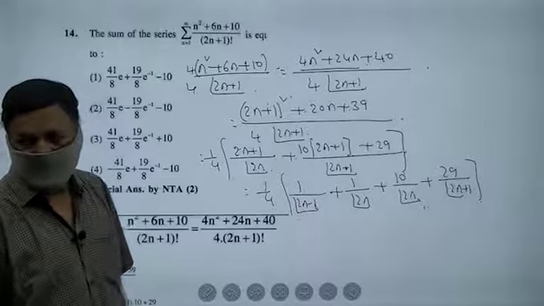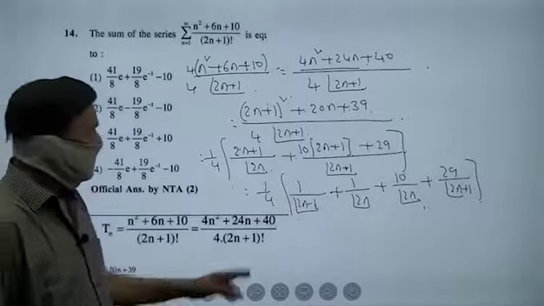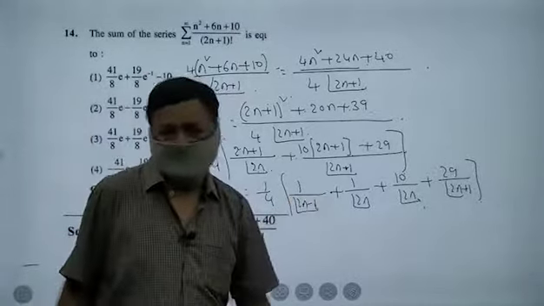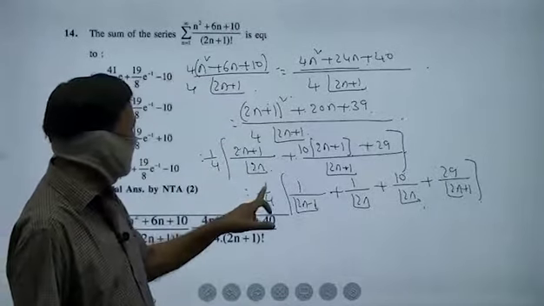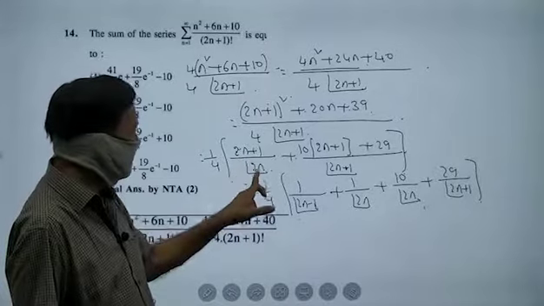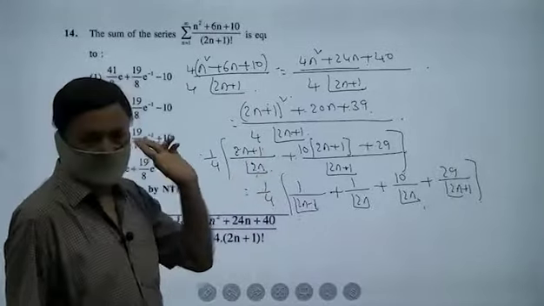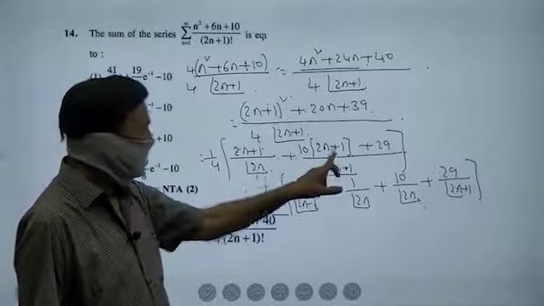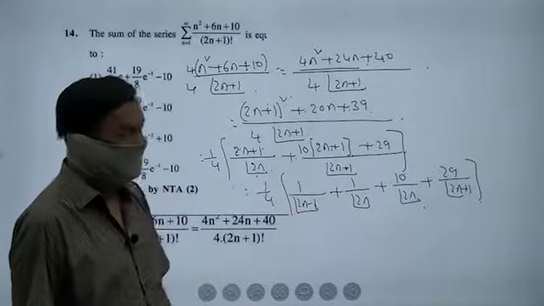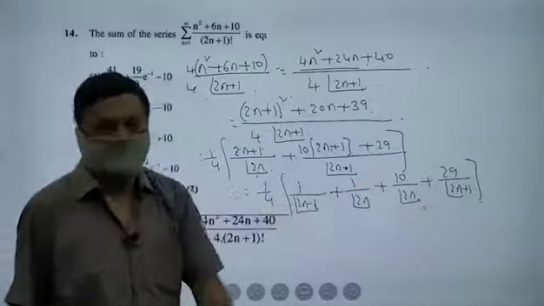Yes, so I have seen that there is no presence of n. This by this 2n by this is one set, 1 by this is one set, then this by this means this 29 by that.